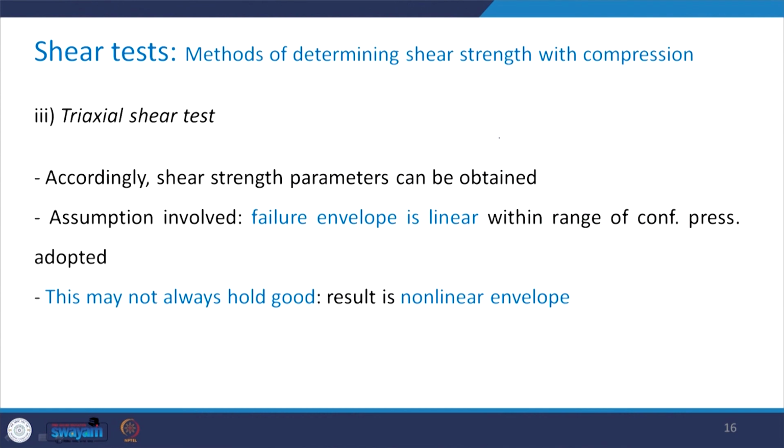The assumption involved here is that the failure envelope is linear within the range of the confining pressure that we have adopted, which may not hold good always, and therefore it may result in a non-linear envelope. We will see whether we will be able to cover this non-linear envelope, because it falls under some of the advanced topics.